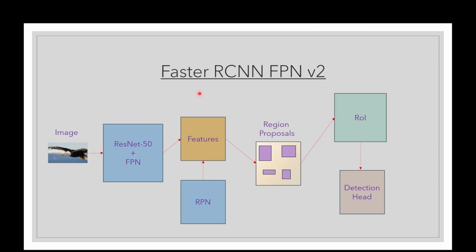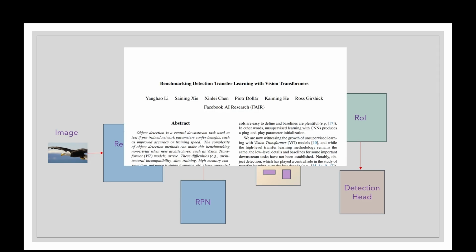Also, in ResNet 50, a zero initialization technique has been used for more stability. And there are some other improvements which you can see in the paper, which will be linked in the description. You can read that paper and get to know in detail what the improvements are.